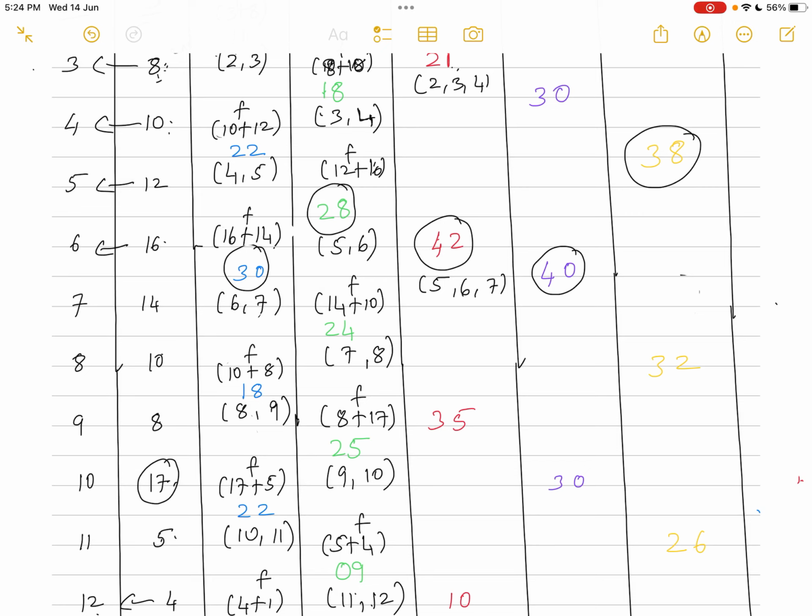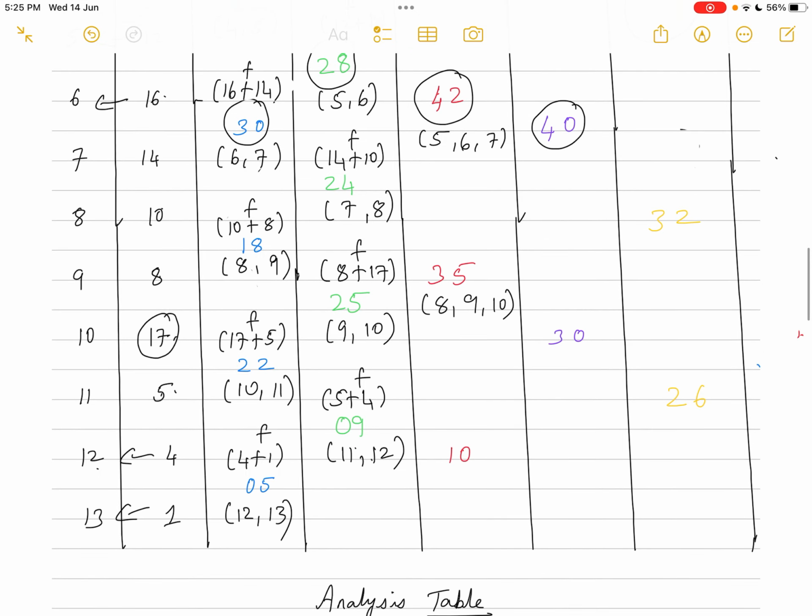Okay, and then next 3 rows. So the next three rows is 10 plus 8 plus 17. 10 plus 8, 18, 18 plus 17, we are getting 35. So the corresponding x value is 8, 9 and 10.